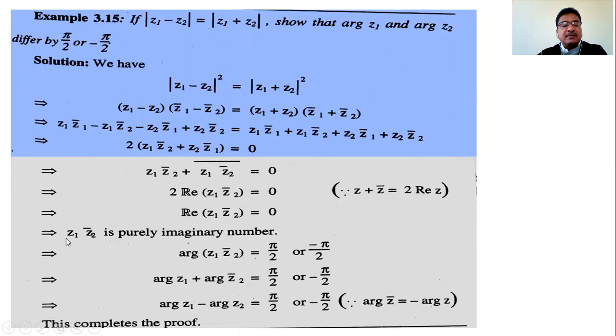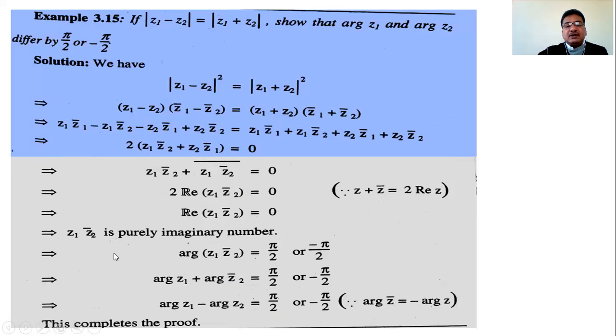Why? Z1 into Z2 bar is a purely imaginary number because its real part is 0. Real part of Z1 into Z2 bar is 0, means it is a purely imaginary number. That is, it lies on the y-axis.